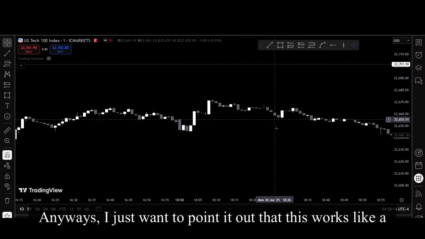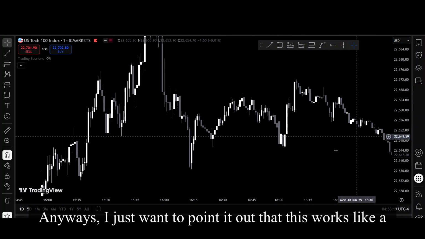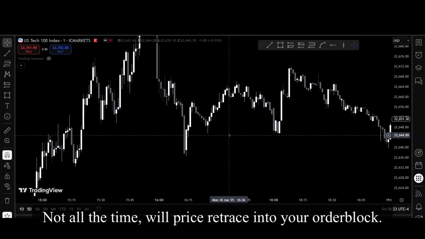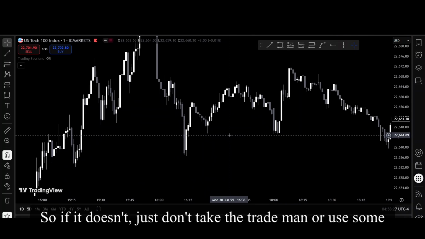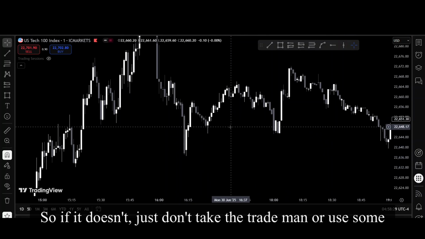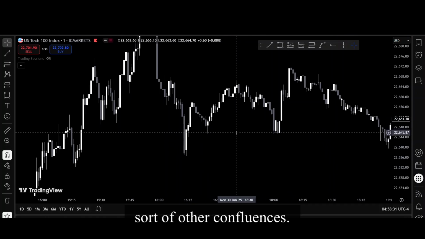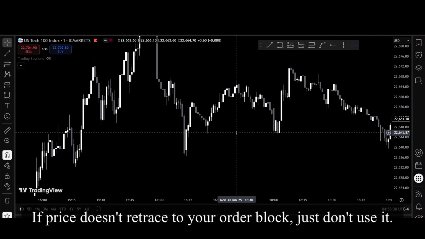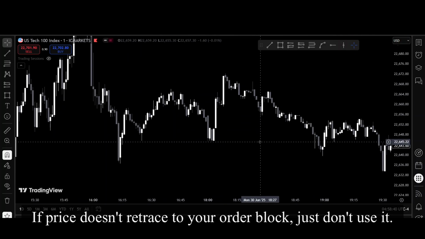Anyways, I just want to point out that this works like a fair value gap. Not all the time will price retrace into your order block. So if it doesn't, just don't take the trade, man, or use some sort of other confluences. That's why I'm giving you so many confluences, bro. If price doesn't retrace to your order block, just don't use it.